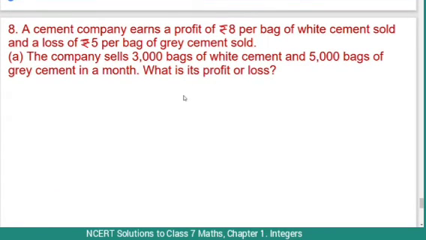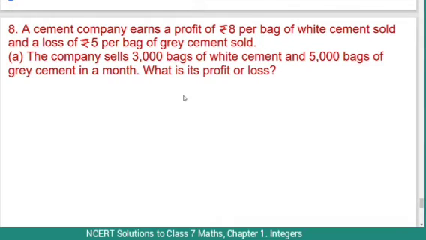8th question. A cement company earns a profit of rupees 8 per bag of white cement sold and a loss of rupees 5 per bag of grey cement sold. The company sells 3000 bags of white cement and 5000 bags of grey cement in a month.